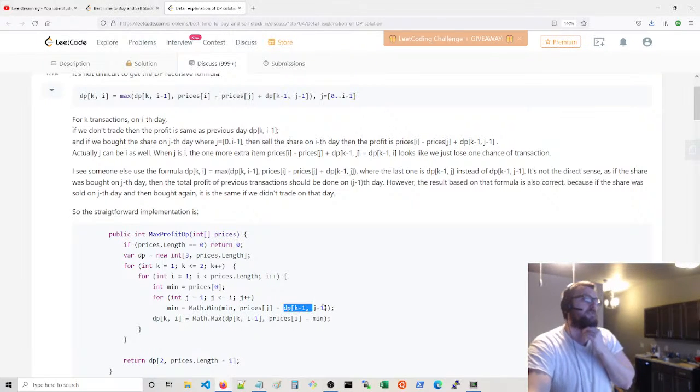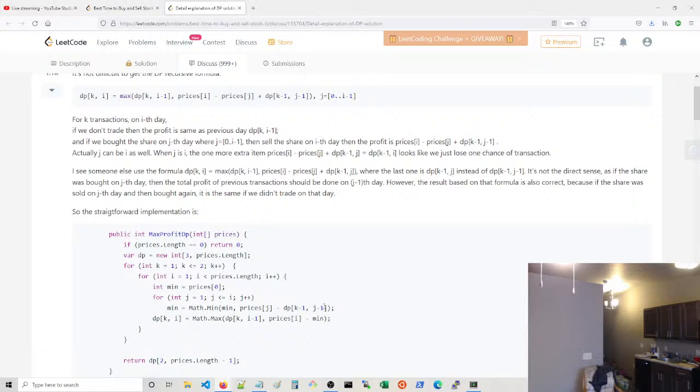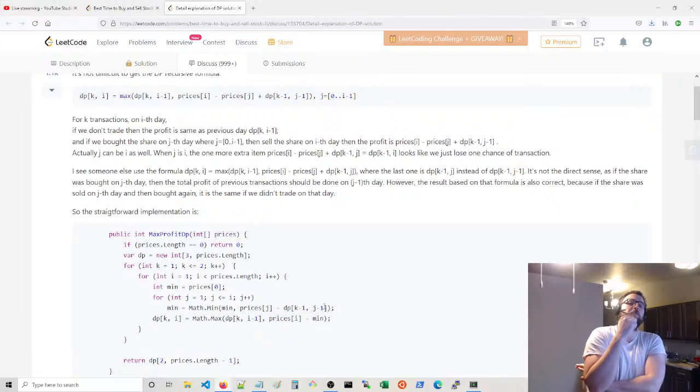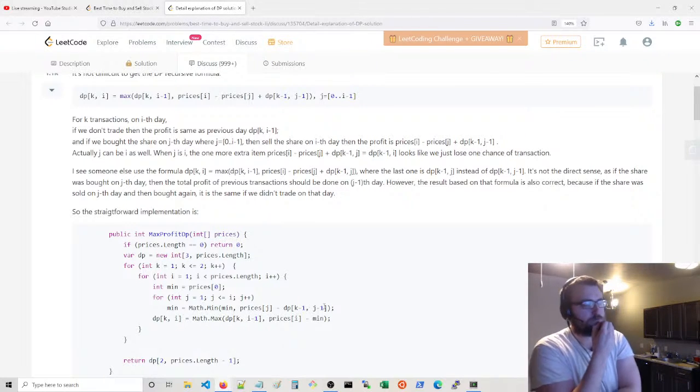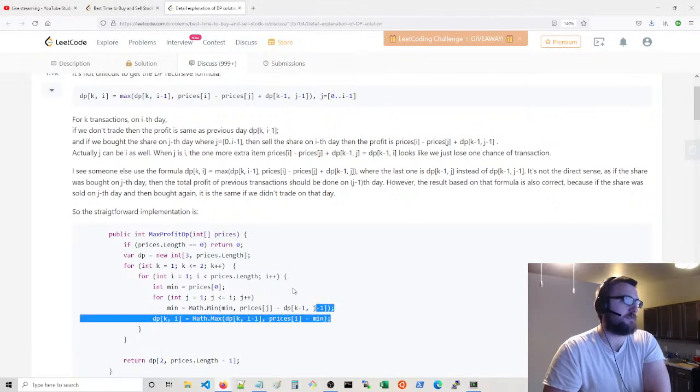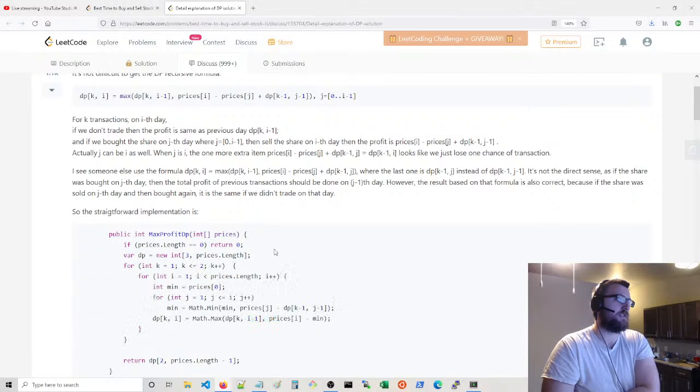Yeah, because this dp represents the best that you could do up to this particular point, I guess how you could say that in English, then you don't need to recalculate all of the previous possible selections. I mean, I guess the simplest way to look at it is just redundant processing. But why is it redundant processing, right?